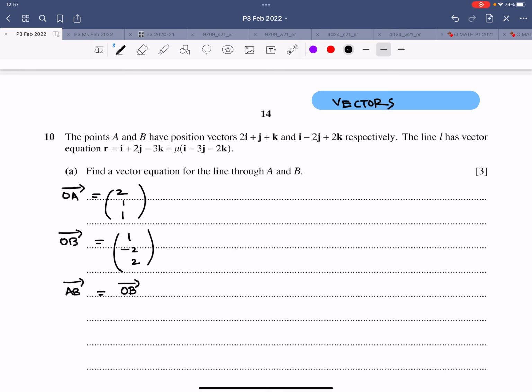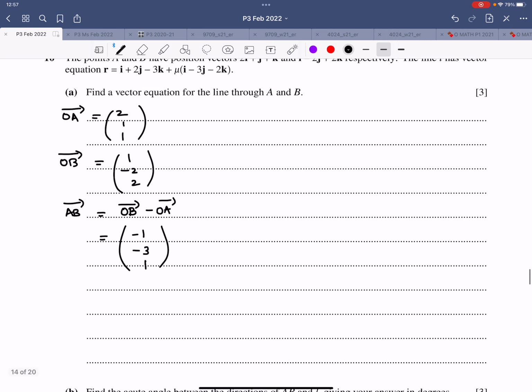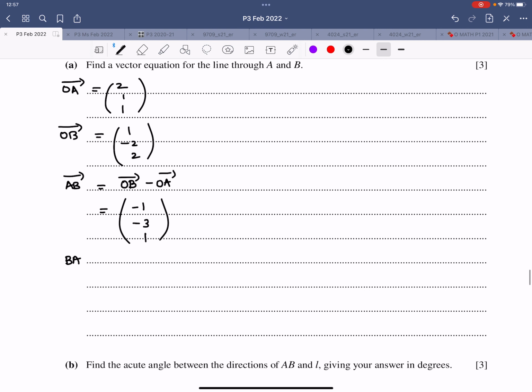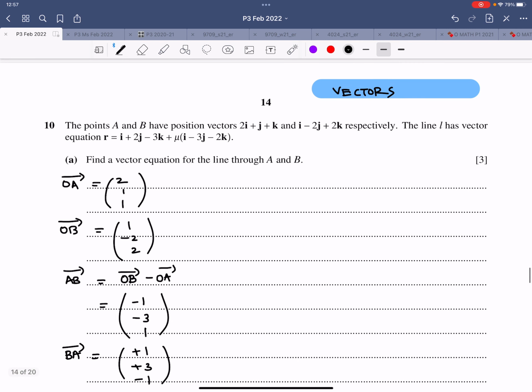That's OB minus OA. So 1 minus 2 is negative 1, minus 2 minus 1 is negative 3, 2 minus 1 is 1. And if I flip all the signs, I'll get BA, that is positive 1, positive 3, negative 1. So now first of all, it says find a vector equation of the line through A and B.